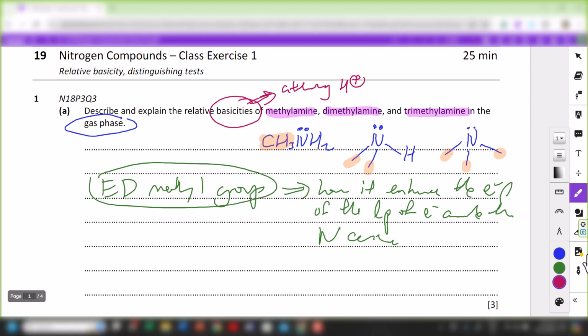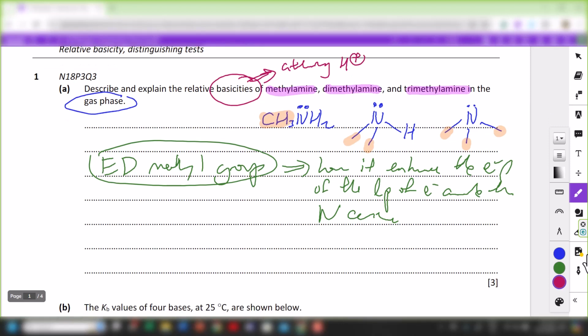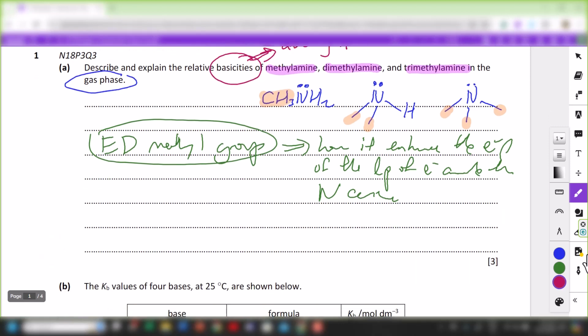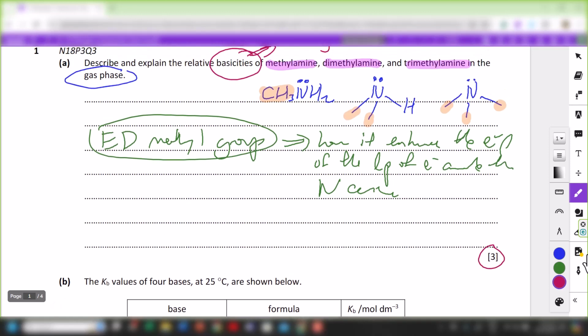So the greater the electron density, the more they will be attracted to H plus, or to Lewis acidic sites. With that, I think 1a is relatively straightforward, quite easy to answer according to what the question wants. It's a 3-mark question. There are 3 unknowns here. Of course, in that case, it will be easy to tackle them.